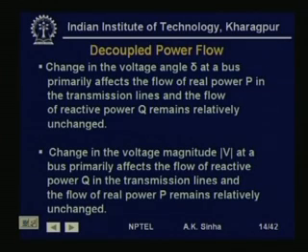Still, the Newton-Raphson method requires an enormous amount of computation, though we use techniques for improving its computational efficiency, because we know that in the Jacobian matrix a large number of elements will be 0. So, we use sparsity techniques for solving this.